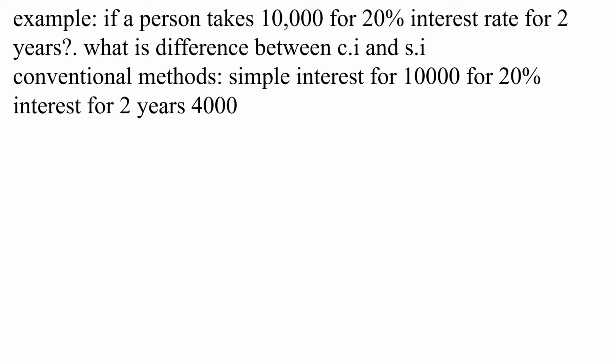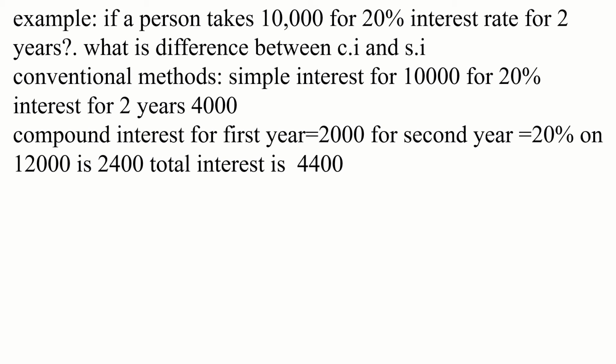In compound interest it takes somewhat more time to calculate, but it is also very easy. In compound interest you have to calculate first year and then second year. First year you get an interest of 2000. We have to calculate the interest for this 2000 in the second year also.